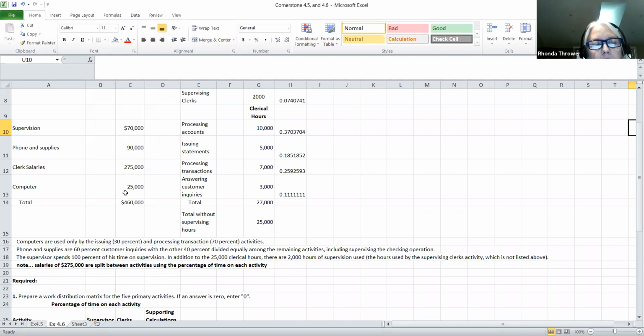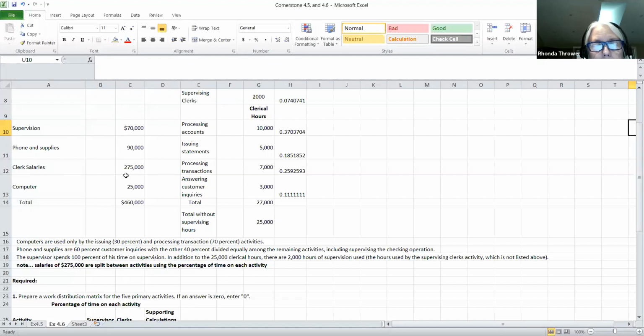You see here that there are salaries. These are clerk salaries. But supervision also had some salaries associated with this 70,000, and they weren't real clear here, but this 70,000 is supervision salaries. And these are clerk salaries.